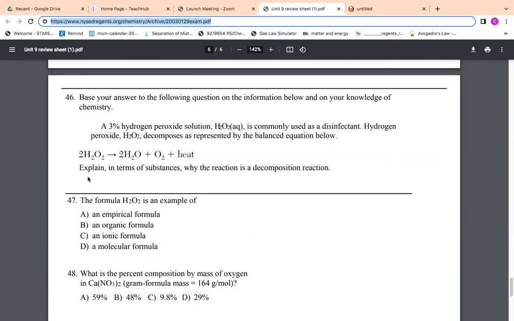All right, number 46, explain in terms of substances why the reaction is a decomposition reaction. So I can see here we've got hydrogen peroxide being broken down into water and oxygen. So you can say one of two things. You can say that one substance reacts to become 2 different substances.